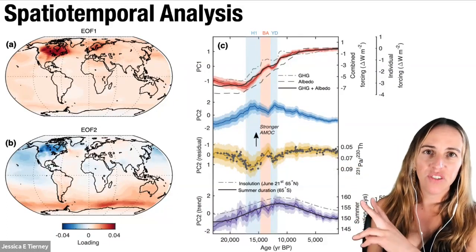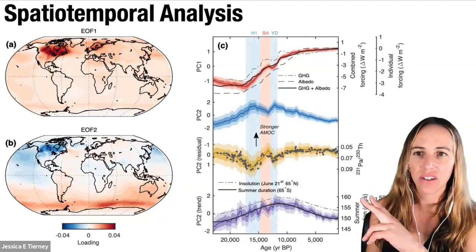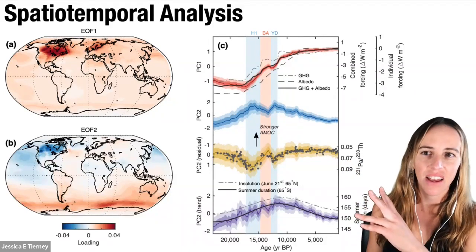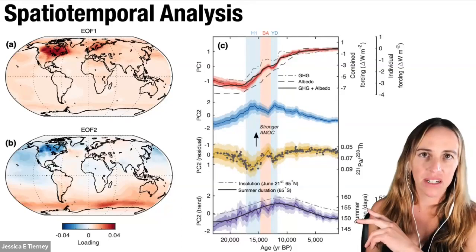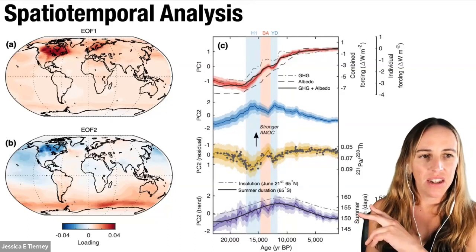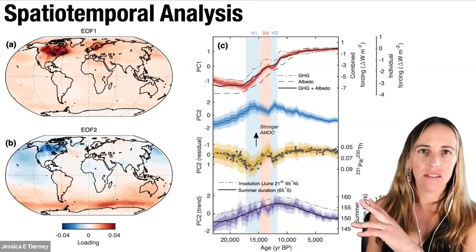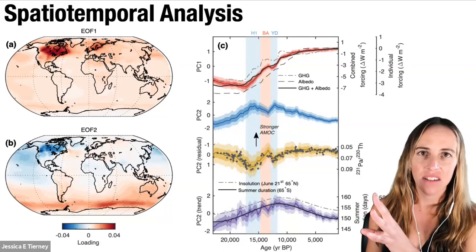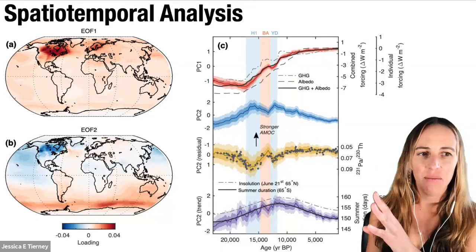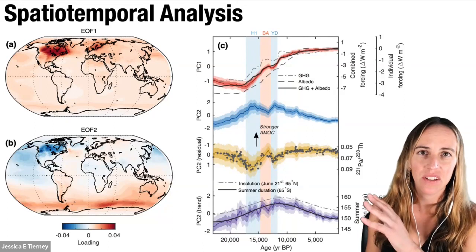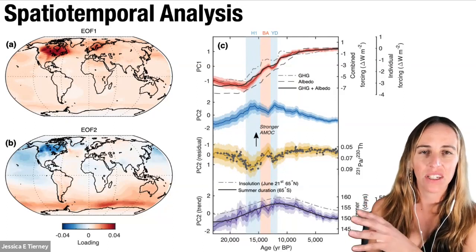Now, the residual of PC2 looks pretty much exactly like the protactinium thorium record from the North Atlantic. And keep in mind that protactinium thorium is not assimilated in this assimilation whatsoever. But really what this element of PC2 is picking up, of course, is the millennial scale events.